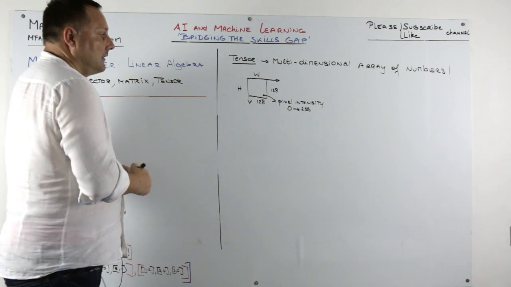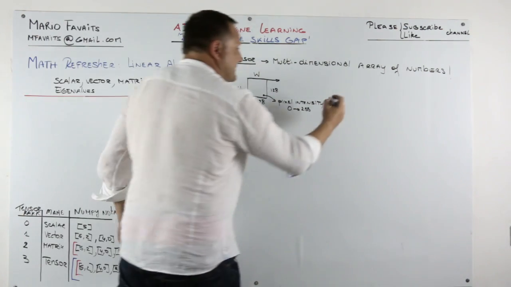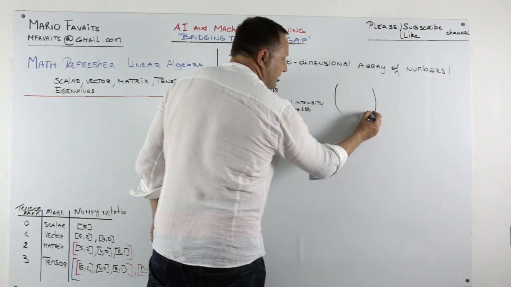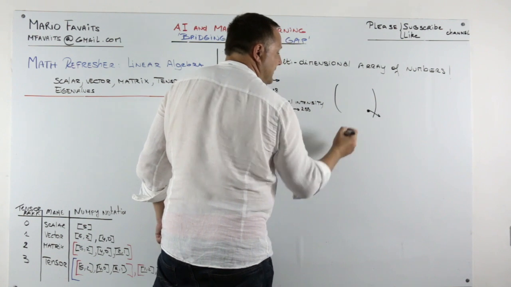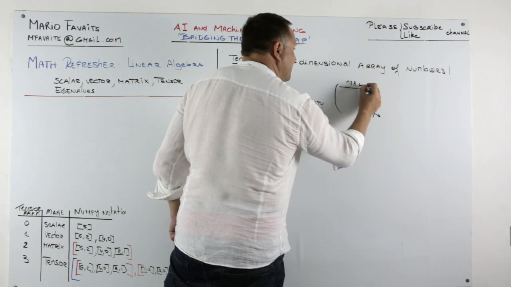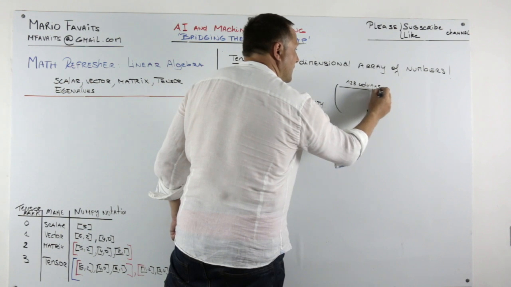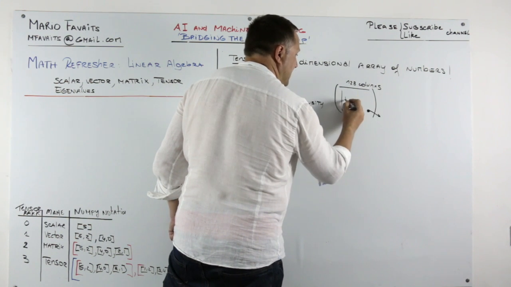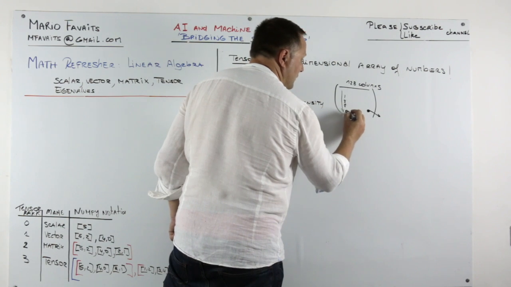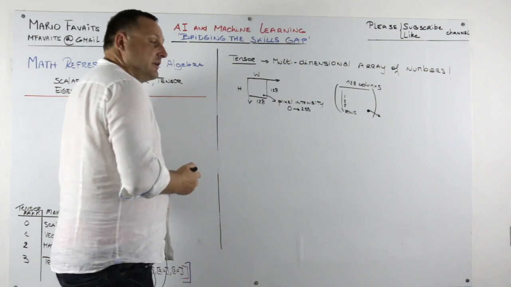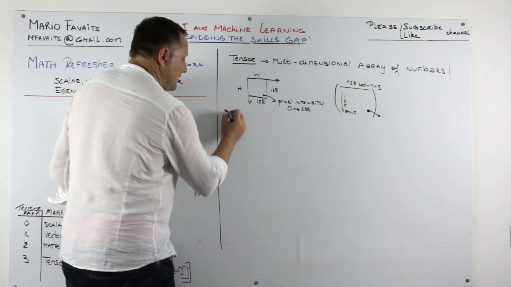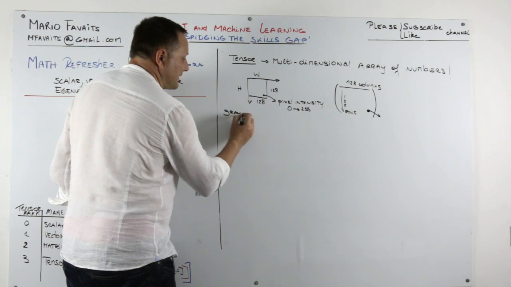So here you see this is a matrix. The pixel intensity will be the value, and you will have 128 columns and 128 rows. So it's perfectly possible to have a grayscale image represented by a matrix.